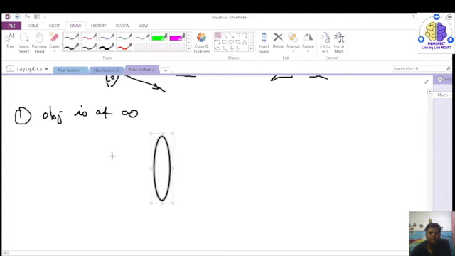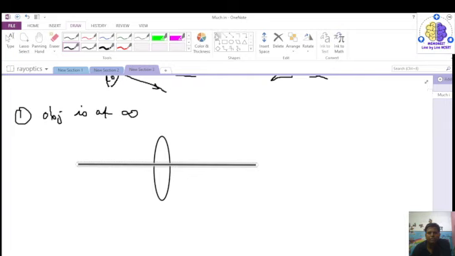Now we take a line to draw the principal axis. Let this be the principal axis, right? Then the light rays are coming from infinity, so the rays will be parallel to each other.